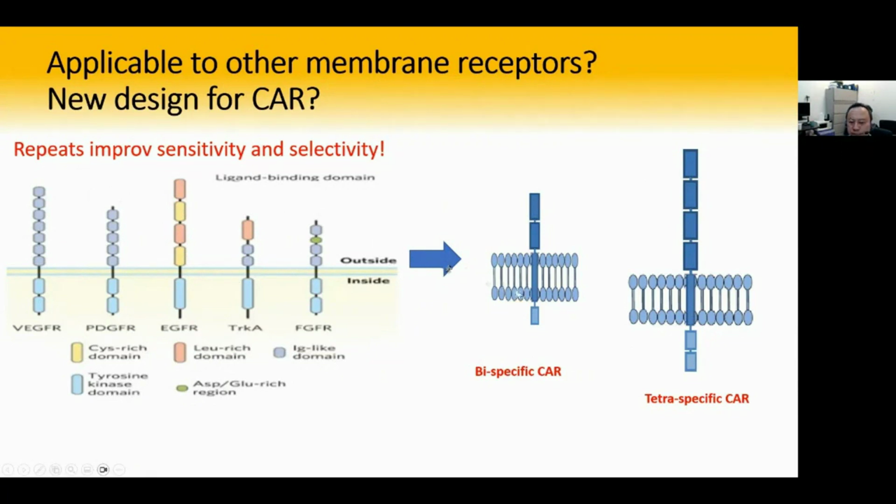So with this idea in our lab, we have repeats on the antibody part, and we also want to try repeats on the kinase domain. Good news, some groups already developed bispecific CAR-T with two kinds of antibody domains to increase selectivity.